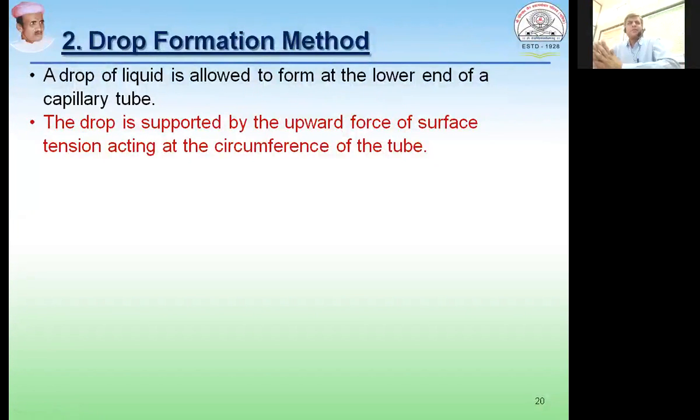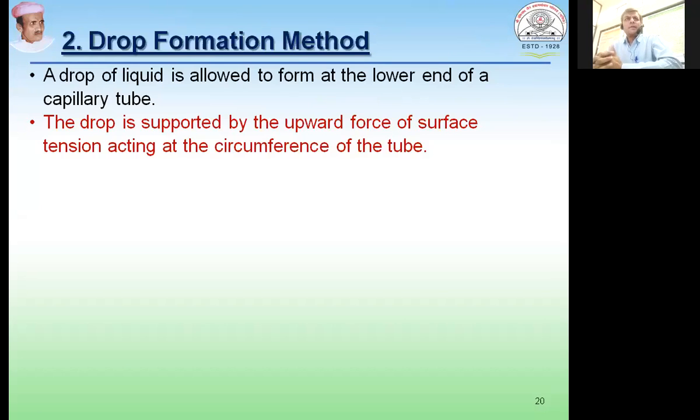It is the drop formation method, and it is commonly used in the laboratories for determination of surface and interfacial tension because of its simplicity, and the apparatus which is required for determination using this method is a very simple and cheaper one.